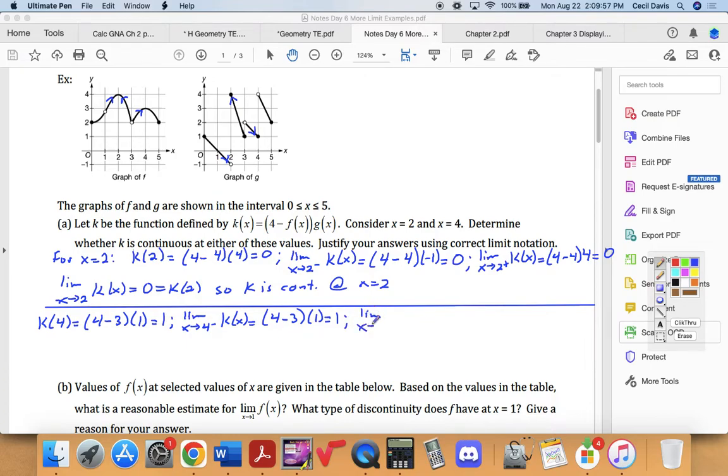The limit as x approaches 4 from the right of k of x, though, is still going to be 4, because that's a constant, minus, as I approach 4 from the right on my graph of f, I'm approaching 3. It's going to be exactly the same. Right here at the end, as x approaches 4 from the right, g approaches 4.